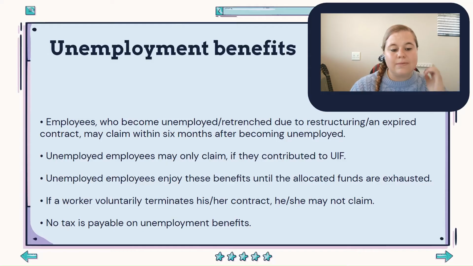Unemployed employees may only claim if they have contributed to UIF. Unemployed employees enjoy these benefits until the allocated funds are exhausted. If a worker voluntarily terminates his or her contract, then he or she may not claim. No tax is payable on unemployment benefits.